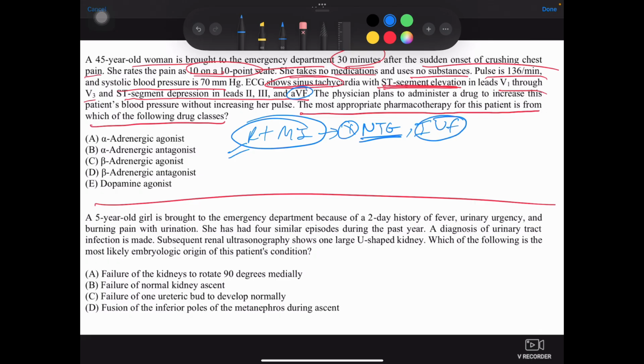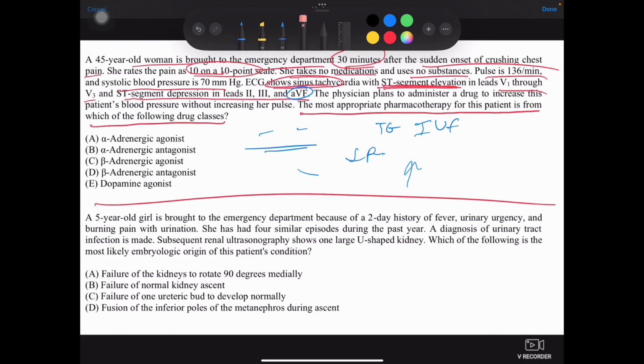Usually in MI we don't, but in a right wall MI, which is indicated if there are ST segment elevations in aVF, that means it is a right sided MI. The possibility increases for STEP exams. So don't give nitroglycerin, do not reduce the preload; the treatment is to increase the preload by giving IV fluids. This is just an important concept which I thought I could tell you here.